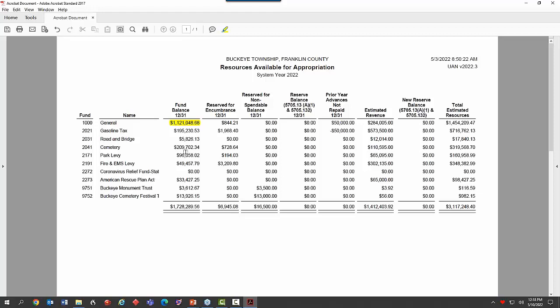So if you void a prior year warrant and you don't tell your county auditor, let's say you get a $10 check that went missing in the mail and you voided a prior year warrant, would you have to request an amended certificate at that moment? That is so insignificant. The next time you request an amended certificate, you could include it. But if it's a $6,000 check, that's a substantial amount of money that you want available.